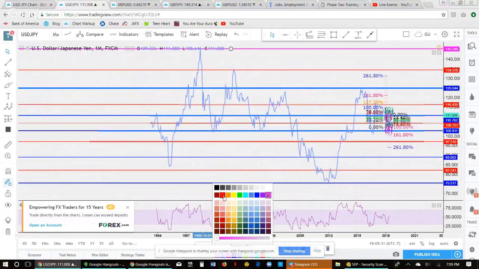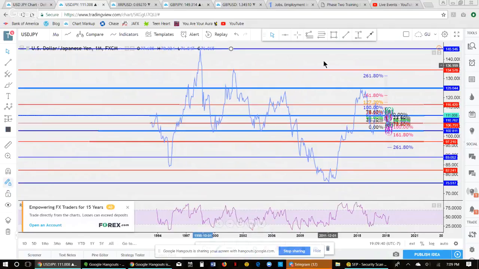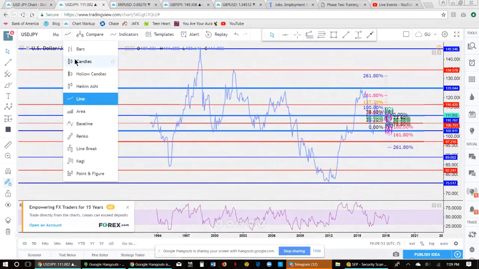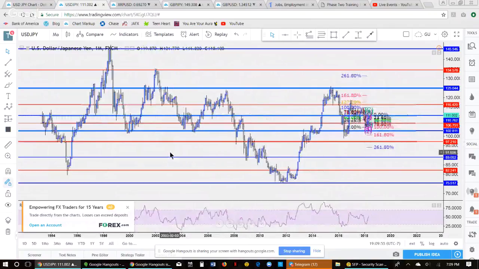And the difference between the blue lines and the red lines is that one's for the daily, one's for the monthly that I'm on right now, and one is for what I see on the weekly charts as major zones. Once I do this, I'll change it back to candles. Boom.